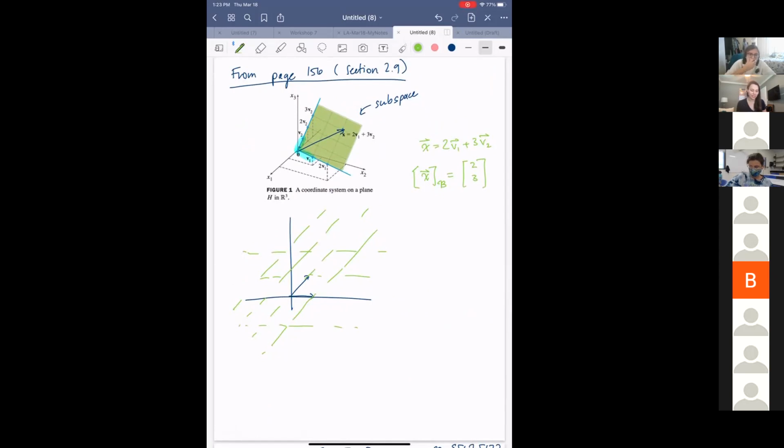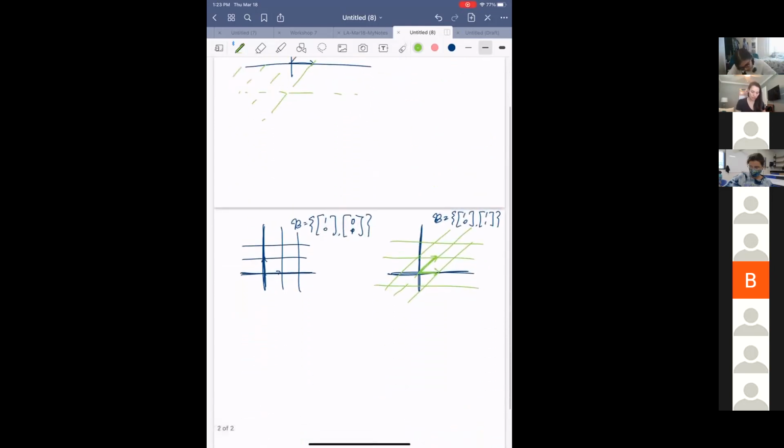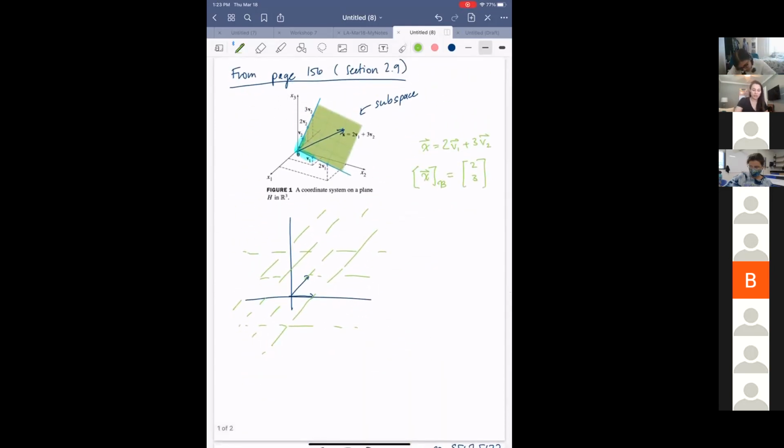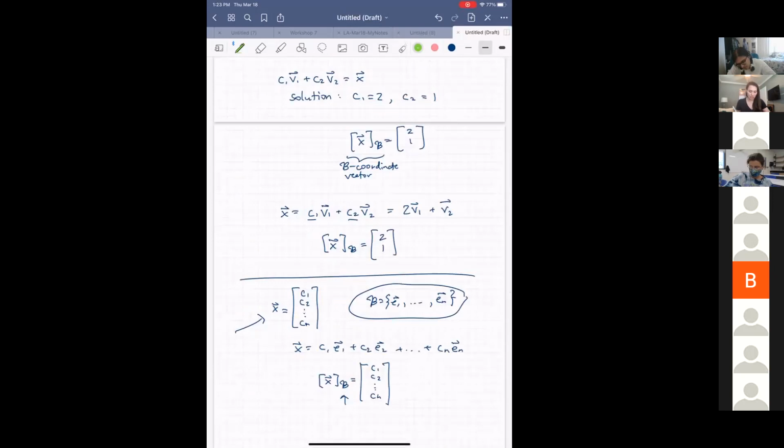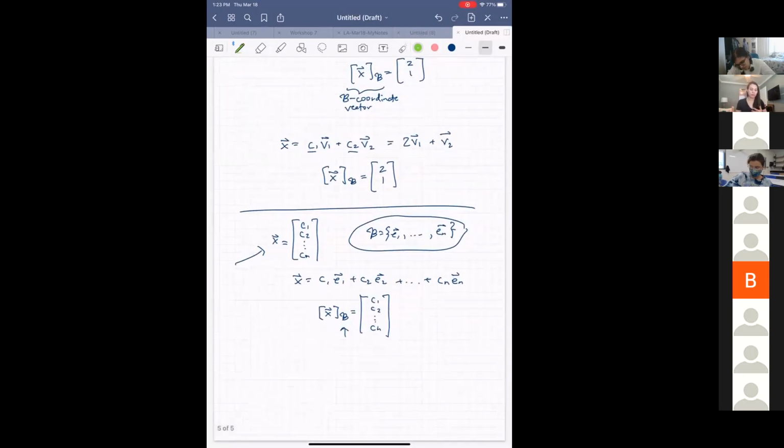Maybe if you have some kind of 3D representation, it's a little bit easier. But yeah, this is how you can picture it. And this is the idea of representing a vector in terms of a given basis.